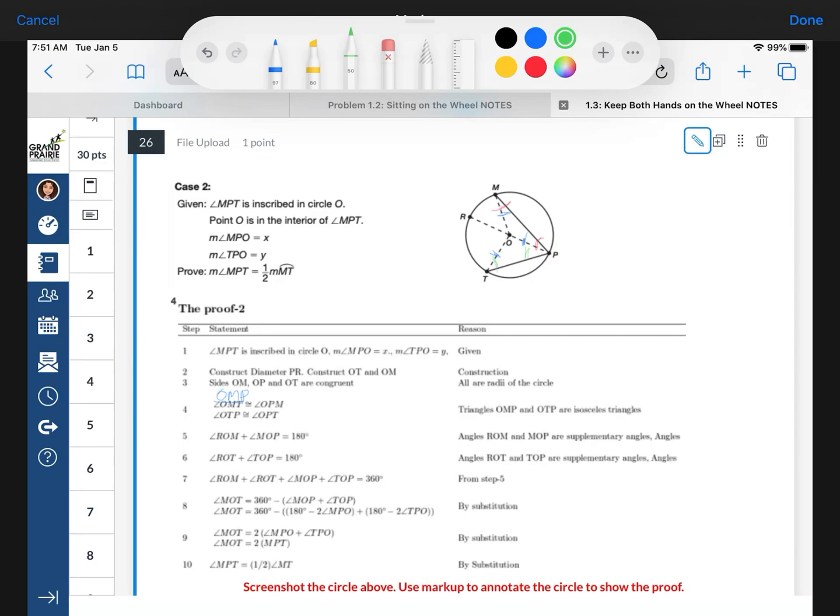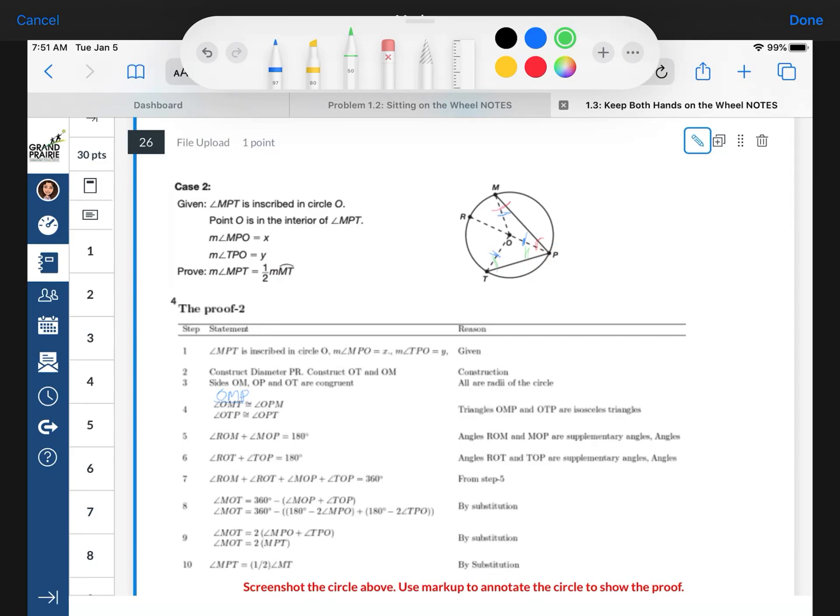We can also replace angle TOP with 180 minus twice the measure of angle TPO. Make sure you pause the video and see if you can recognize these angles in the picture, and if you follow. If you have any questions, please feel free to ask your teacher.